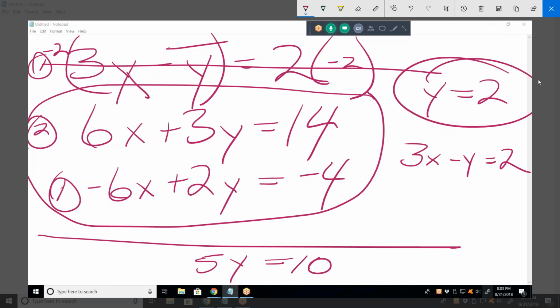I could use this one, I could use this one, but they all have bigger numbers. And another rule in math is if you want to get the correct answer, use the smallest numbers possible. Well, there's no number bigger than 3 on this one over here. So solve this equation right there for x, given that y equals 2.